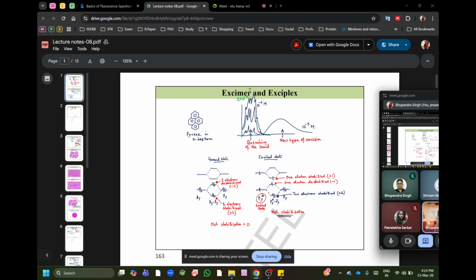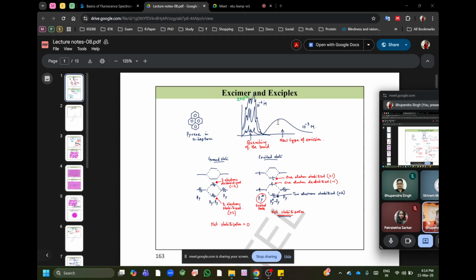But after increasing the concentration much more, in the millimolar range, this is in micromolar, the intensity is decreasing here. The quenching of the band is from here to here. But another band at the red shift, a broad peak of that emission, is coming. A new type of emission is coming, which is very broad and red shifted.